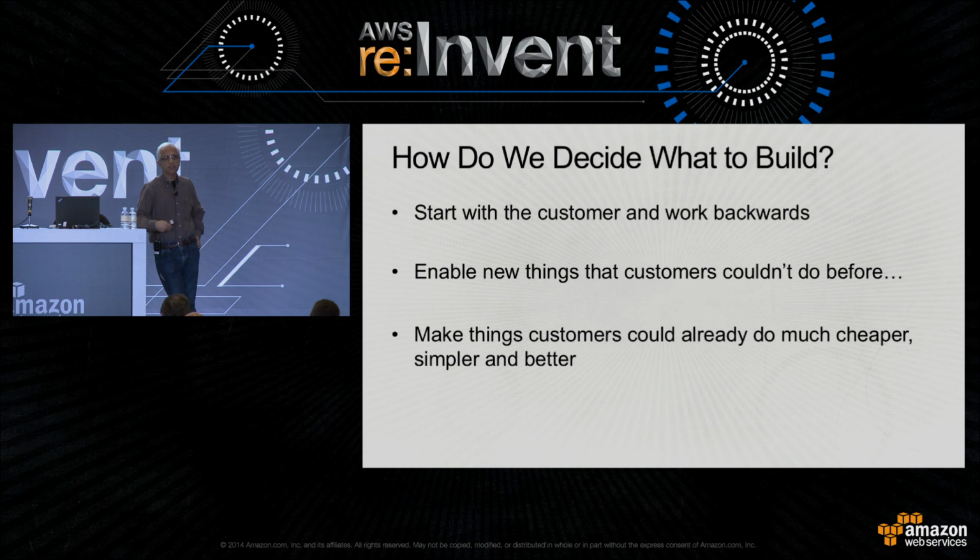So when we're doing invention, we want to make sure that we're solving new problems. And the second question we ask is, okay, to the extent that the things that you're going to enable are being done in some form in some of the products, in what way are you making the customer's life better? Are you making it cheaper? Are you making it simpler? Are you making it better? So those are the 2 questions that we ask when we think of a new service.